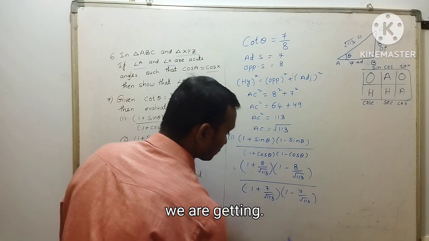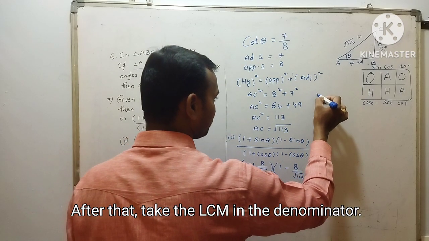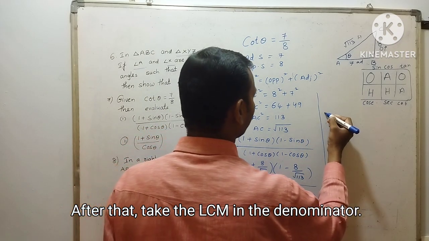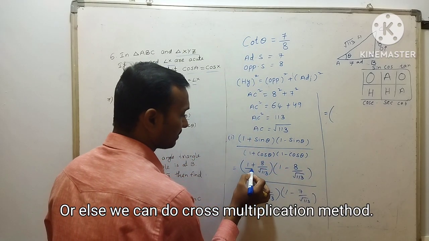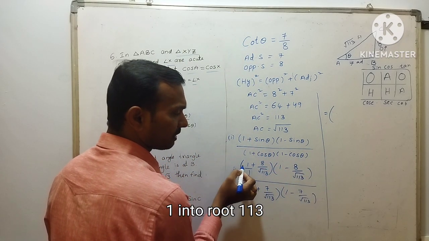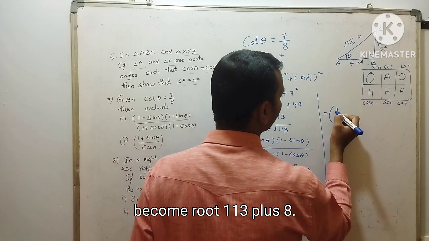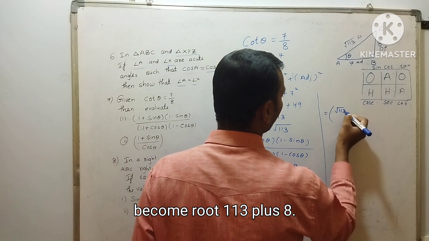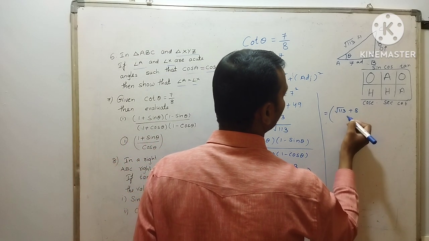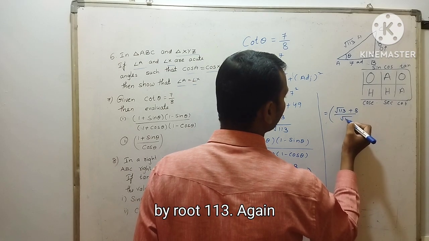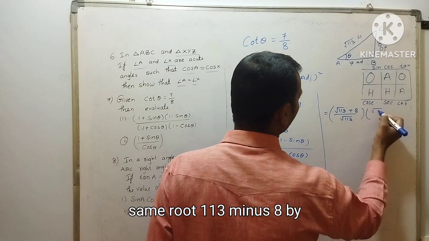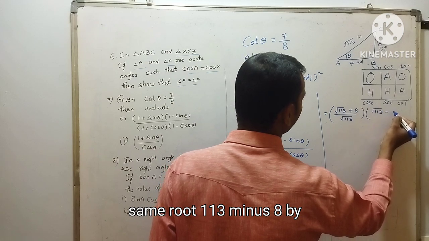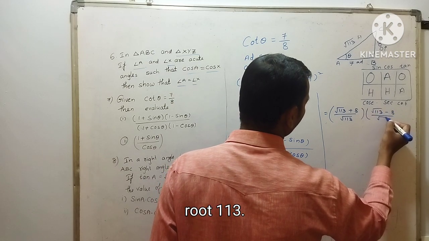After that, take the LCM in the denominator, or else we can do the cross multiplication method. 1 into root 113 becomes root 113 plus 8 by root 113. Again the same, root 113 minus 8 by root 113.